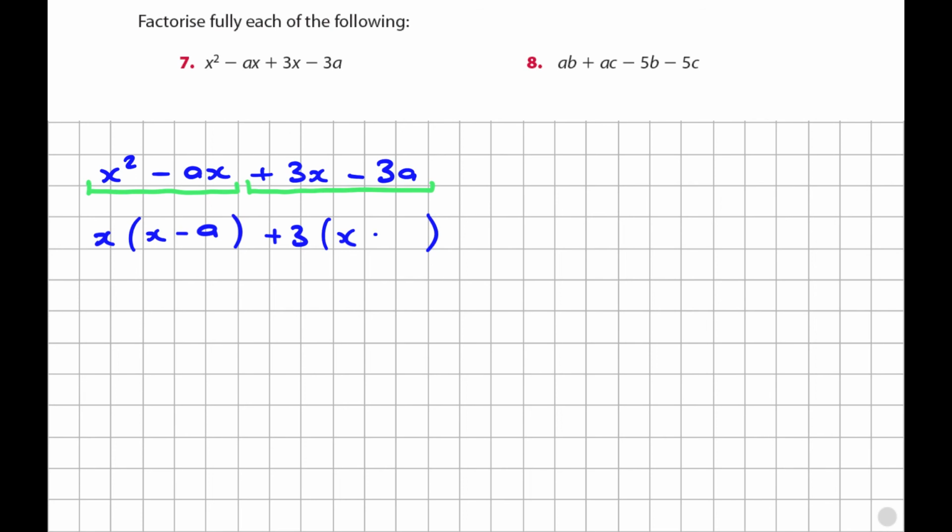Oh, sorry, negative a even. Okay. And you can see there again, it's like the last couple of questions we had. I've got this here and this here being equal, so I can bring them together. I can bring x plus 3 together.